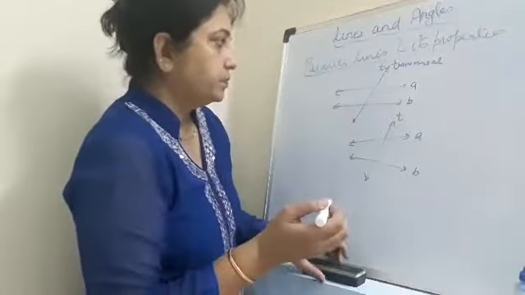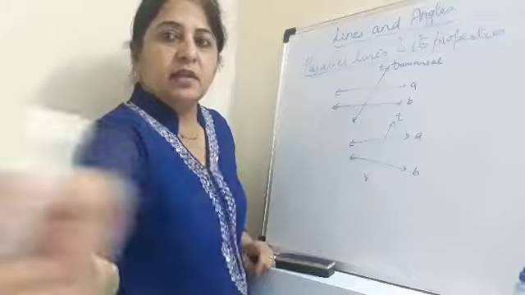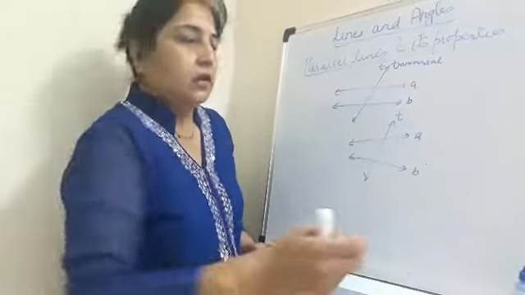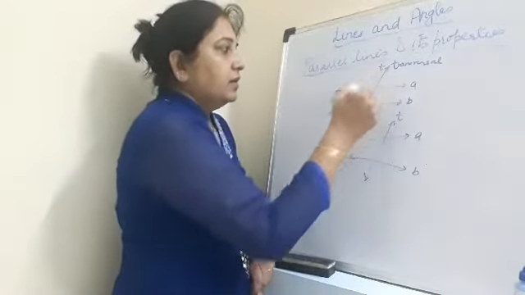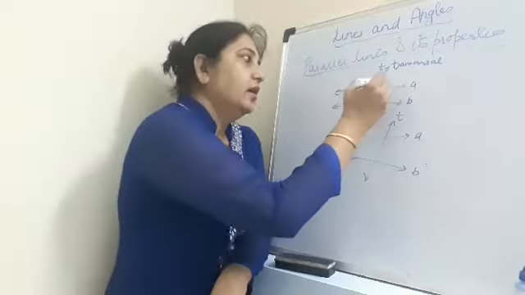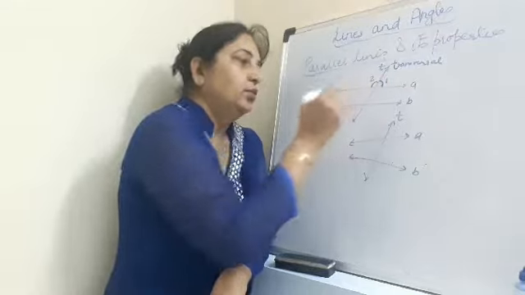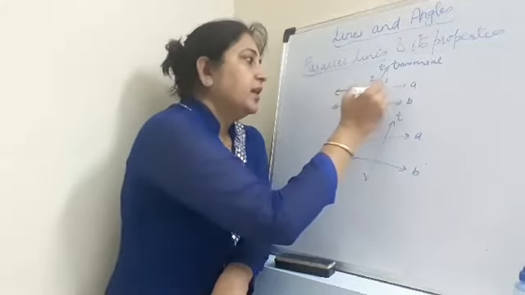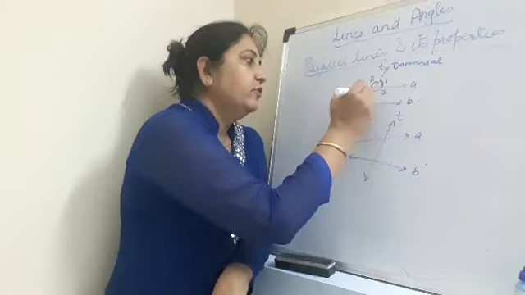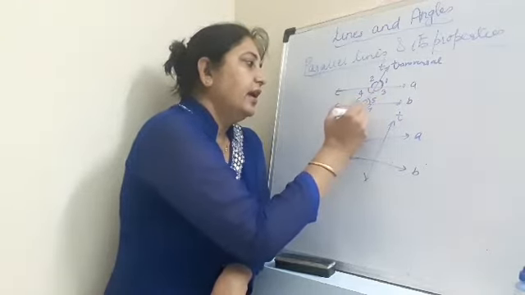Okay, now you can see this. When a transversal is cutting these two lines, the angles which are formed here are shown as 1, 2, right? Then I take this as 3 and 4, here 5, 6, 7, 8.